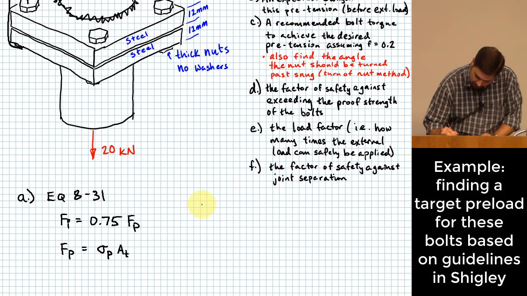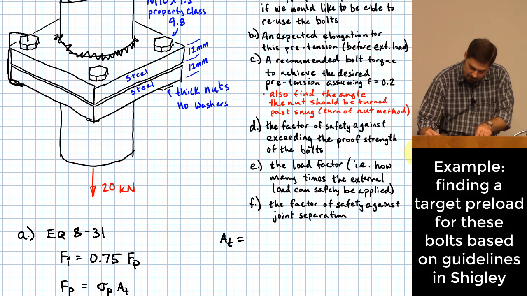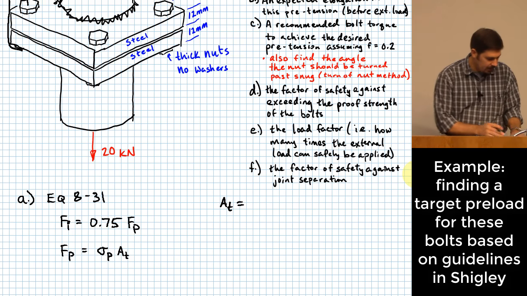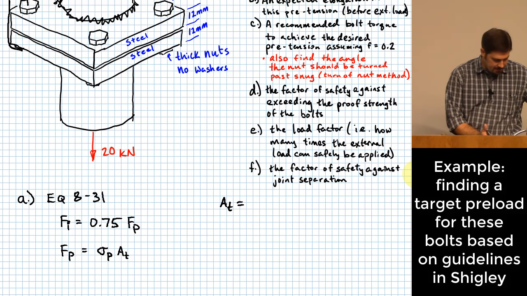Well, first of all, let's look at A sub T. Okay? A sub T for a, what do we have? We had an M10 by 1.5 property class. Okay? We have to flip over to where the geometry of various kinds of bolts is listed.